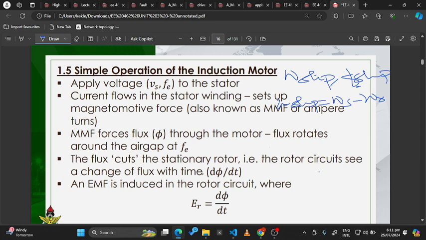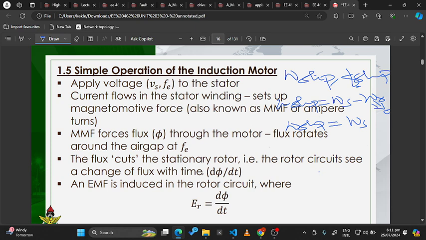At starting or at standstill, the rotor's speed is zero. So the rotor seeing omega slip will see omega s. The rotor is standing, looking at the flux moving fast, at omega s.